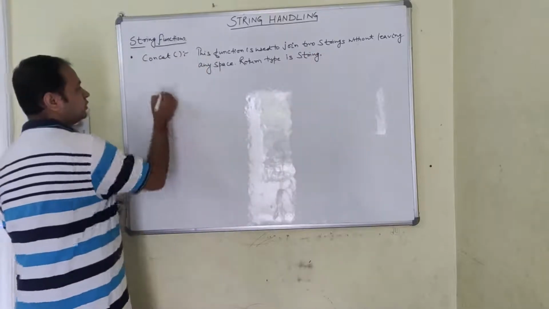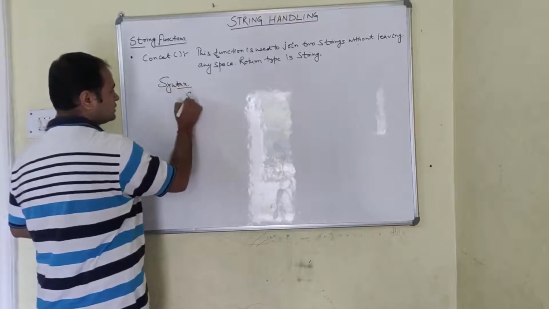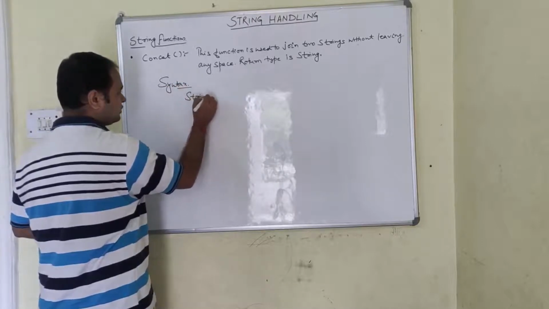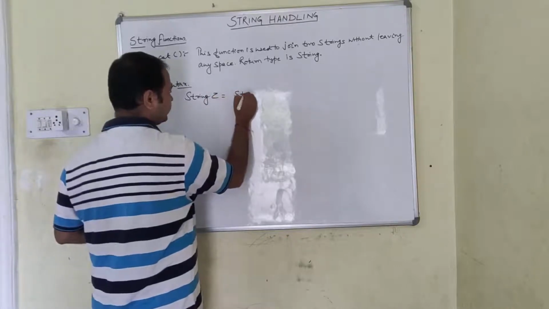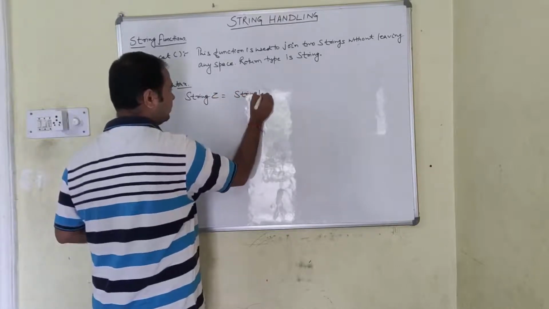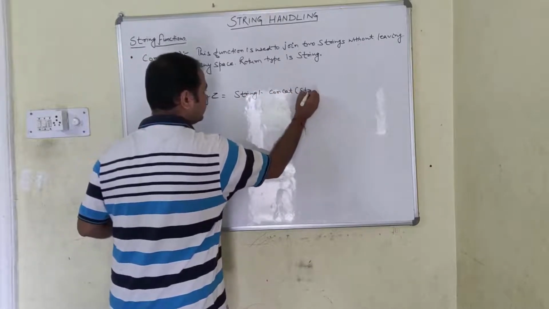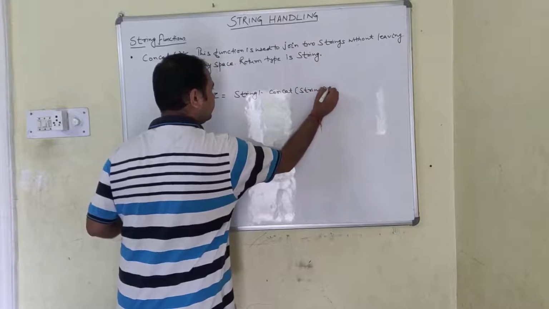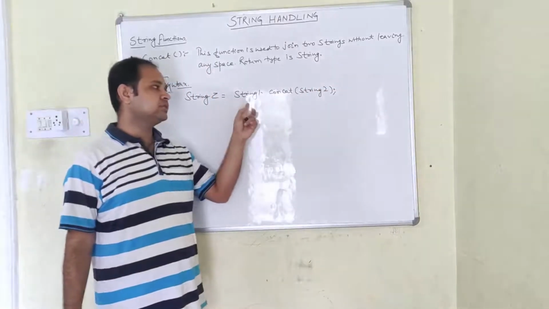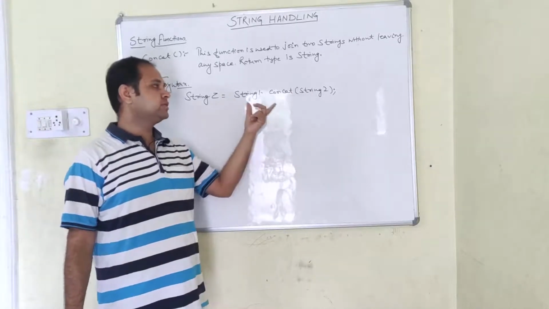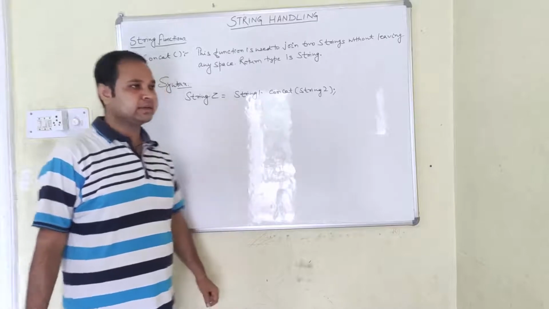Now I move to the syntax. Syntax: string z equals string 1 dot concat string 2. What we are doing is joining two strings. First we get the first string followed by the second string.